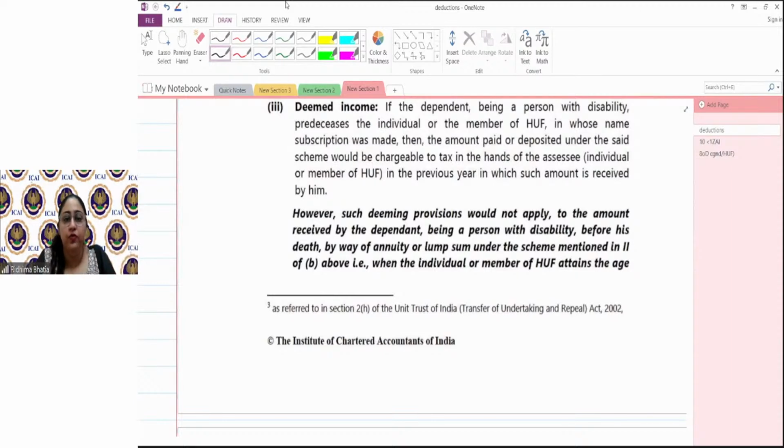Okay, now we move to another section which was being referred to here as 80U.